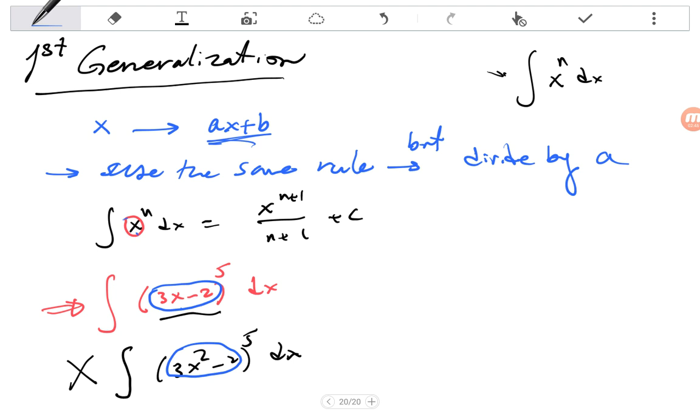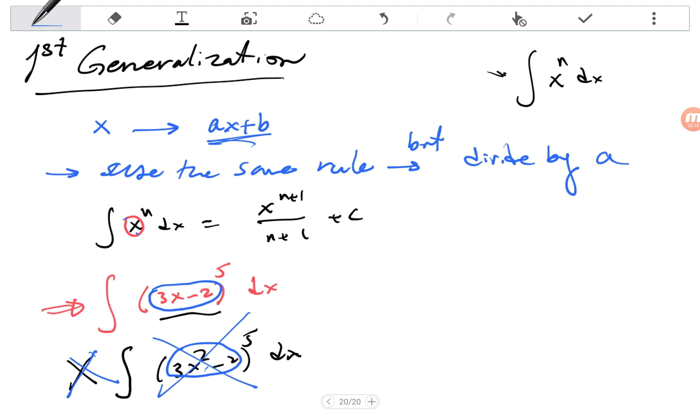No. Whenever I have any power greater than 1, it is not a linear expression. Yes, this is a parabola. Any power other than 1 or 0 is not a linear expression. So I can't apply the generalization in this case.